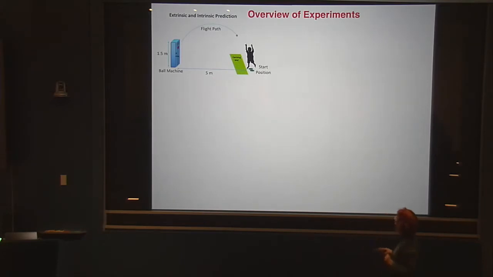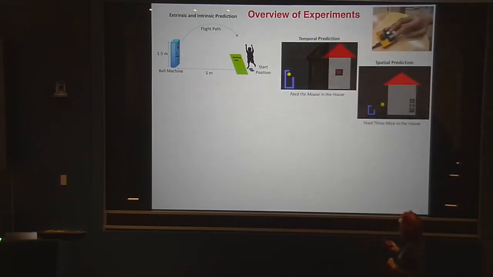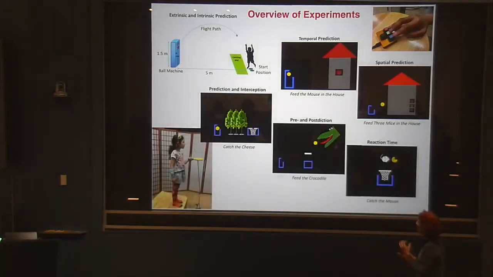So how did we then continue? Here are our experiments. We start to test intrinsic prediction with realistic catching. We then go all the way down to reducing the motor element to just key presses, and have two different tasks for spatial and temporal prediction. Then we have three more tasks where the interaction with the environment is with a handheld paddle, where we measure the displacement of the paddle in interaction with the virtual object.